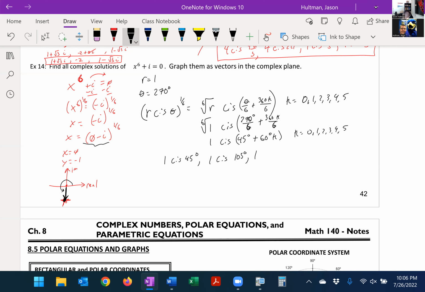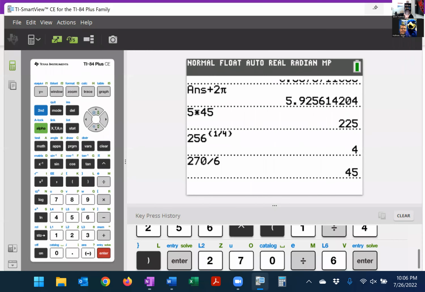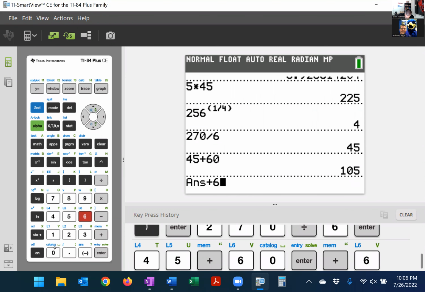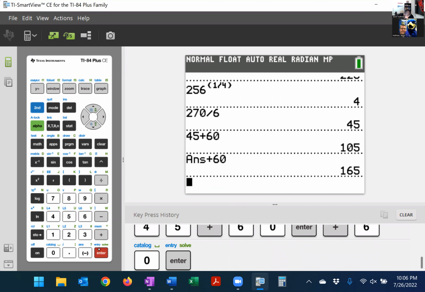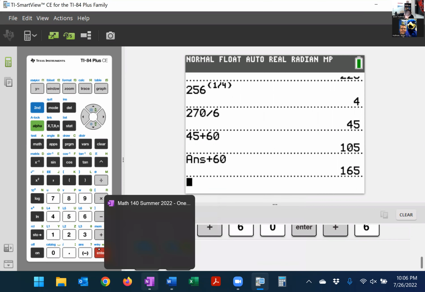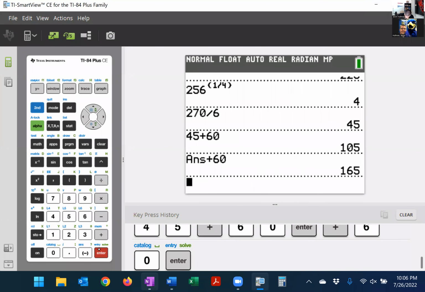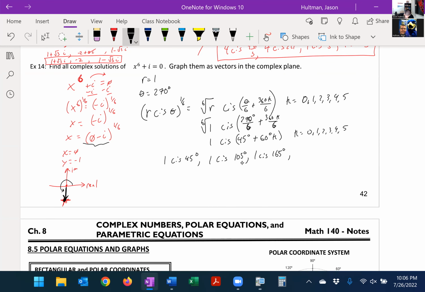The next is going to be 1 cis, add 60 to 105, and I should just keep a running tally here. 45 plus 60 is 105, plus 60 is 165 degrees. Then we're just going to keep adding 60s 3 more times.